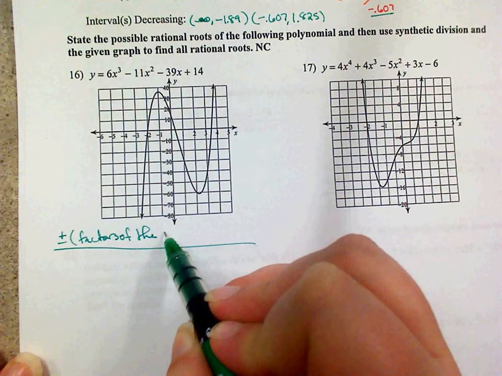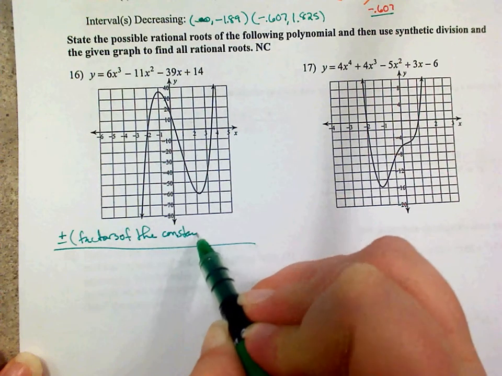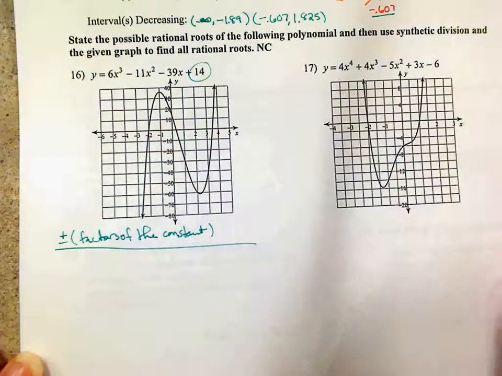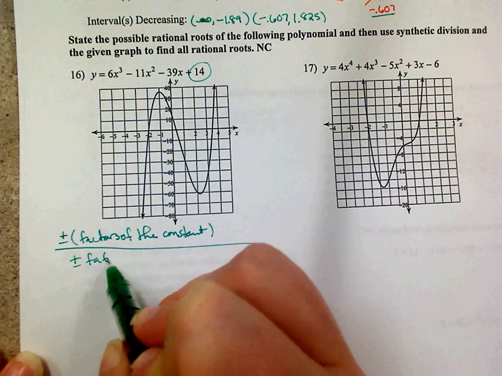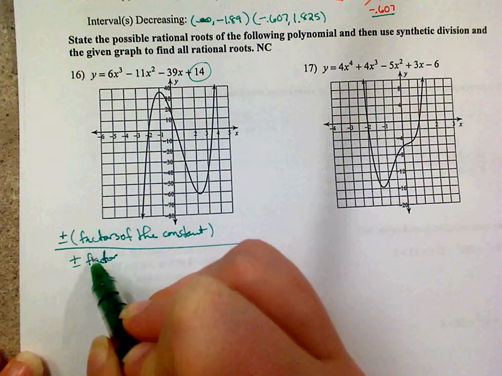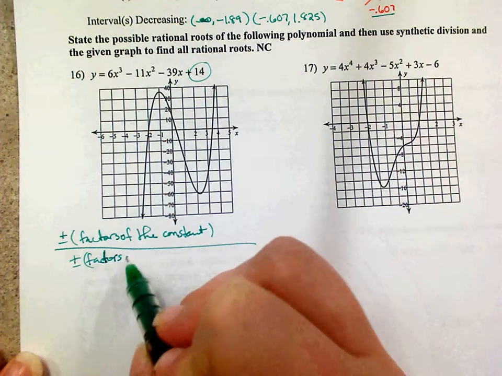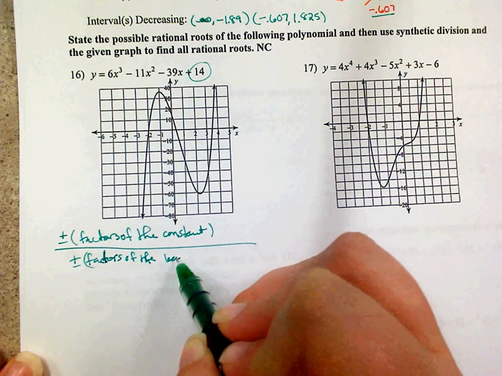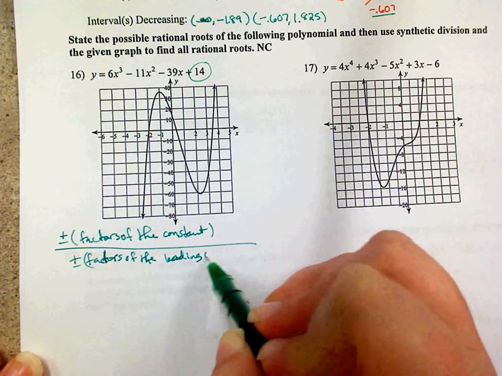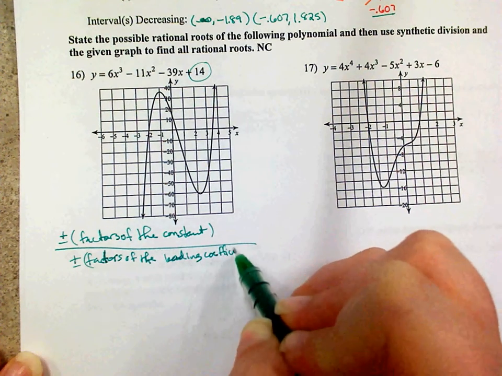Perfect. Factors of the constant, which is 14, divided by the factors of what? Now the reason I put the plus and minus is because a lot of people kind of forget that, but the leading coefficient. So the leading coefficient would be 6 in this case, right?